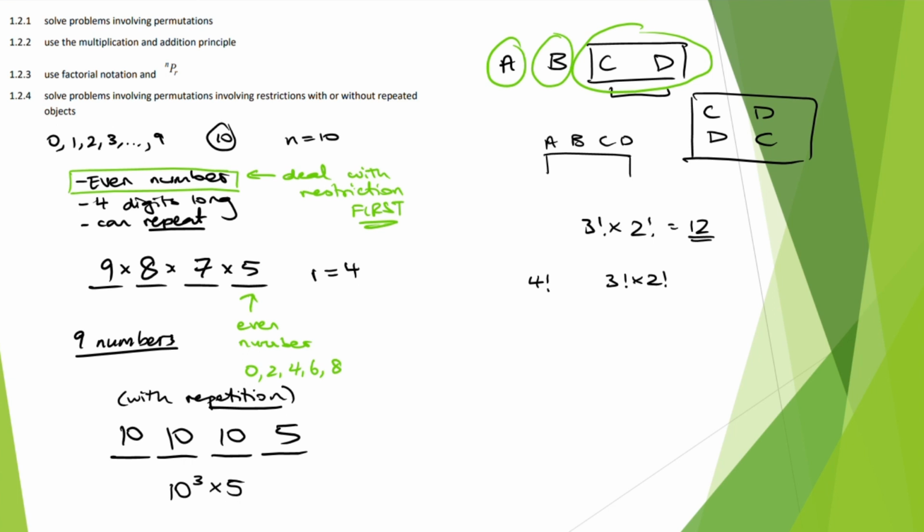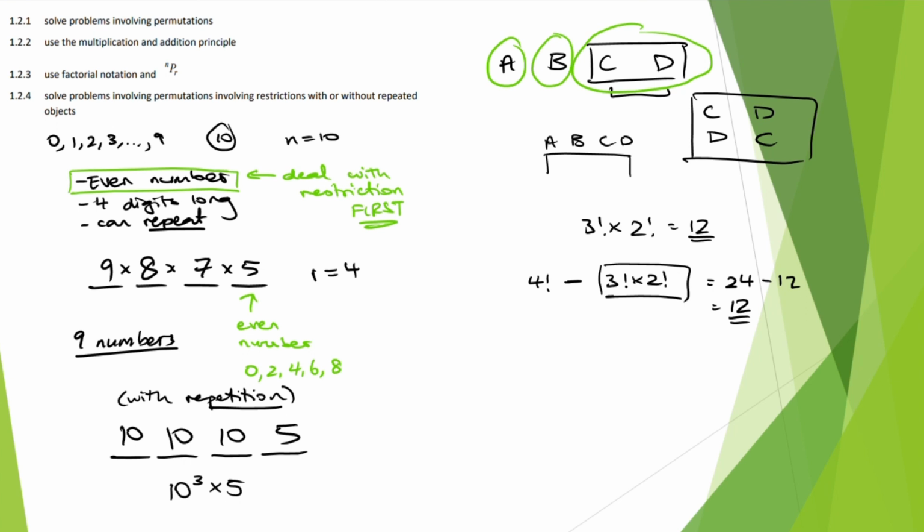To consider the cases where Christine and Daniel are not sitting together, we subtract the cases where they are sitting together away from the total number of cases we possibly can have. So it's 4 factorial minus 3 factorial times 2 factorial, which is equal to 24 minus 12, which is equal to 12 possible ways, 12 cases. All right. So whenever we have two people that really don't want to sit next to each other, always consider the total number of arrangements possible and subtract the cases where they are sitting together.